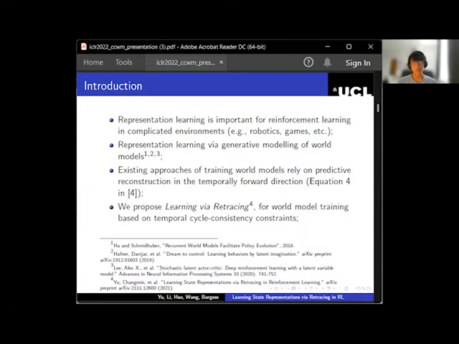So here we propose learning via retracing, a novel self-supervised, or unsupervised, method for learning state representations in reinforcement learning, by additionally constraining the so-called temporal cycle consistency of the transition dynamics of the state space.